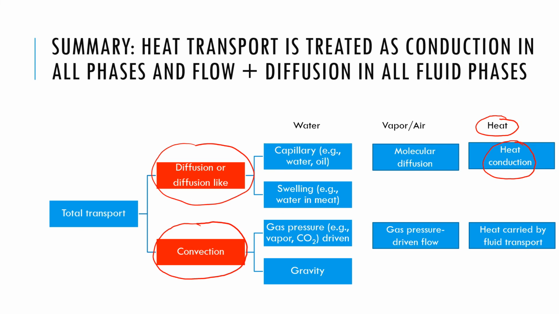And so that is the heat carried by all the fluids in there, like water vapor, like air, and its transport. So it has two parts: flow and diffusion like movement of the fluid.